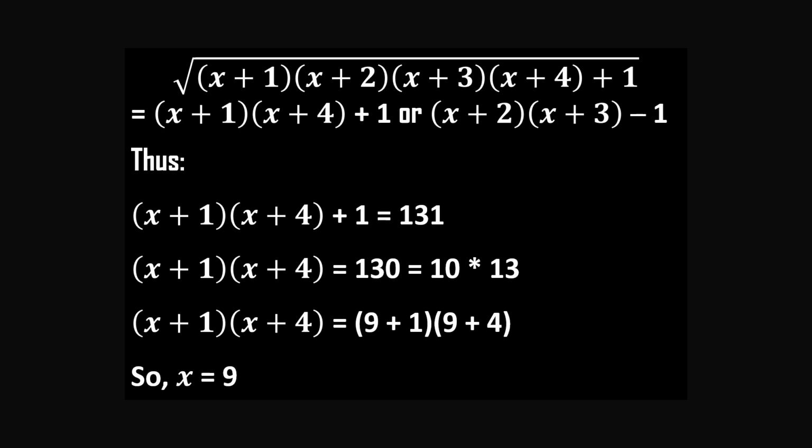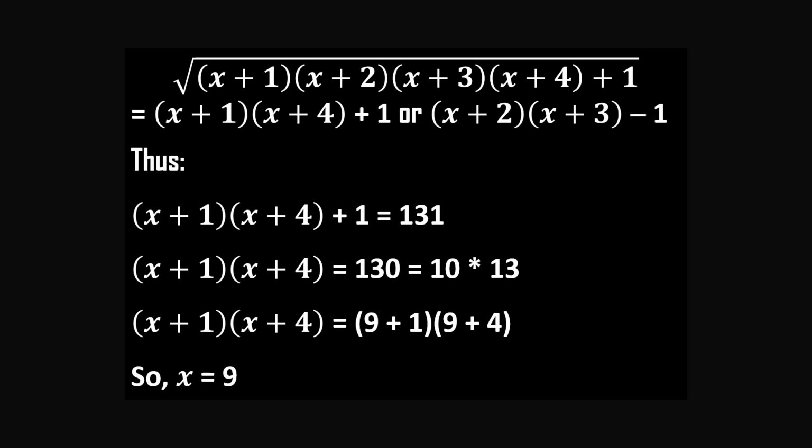Now take x plus 1 into x plus 4 plus 1, and the square root was given as 131. So this 1 will go to the other side and we will get x plus 1 into x plus 4 as 130.